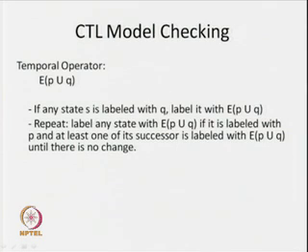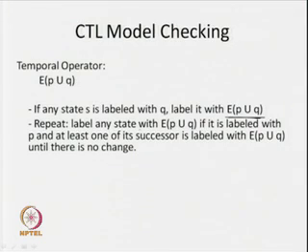So, that is why the first step is this: if any state S is labeled with Q, label it with EP until Q, because the future includes the present behavior. So, if any state is labeled with Q, we can say that EP until Q is true there, and we label this state with EP until Q. Now, we are going to repeat this procedure.